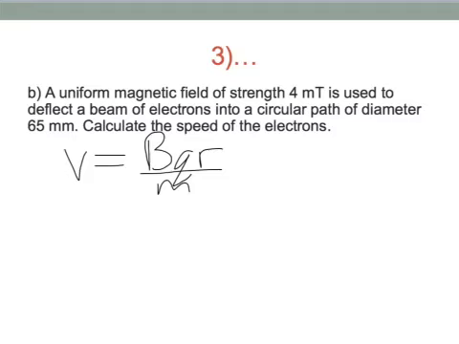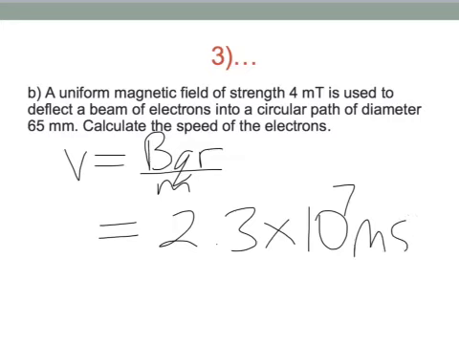There's a bit of a trick. So that's diameter. Of course, this is the radius, so we need to divide that by 2. Okay, so if you manage to plug that in, you should be getting an answer, quite a large velocity, 2.3 times 10 to the 7 meters per second, to two significant figures.